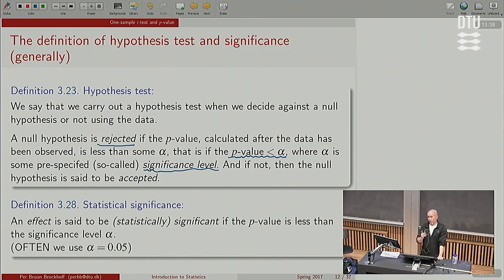And if we don't reject, then we have a bit of a danger here. If we don't reject, it would be safest to just say, I don't reject. But we allow ourselves to use the same word as many others on the globe. Instead of saying, I couldn't reject the null, I say that I accept the null.